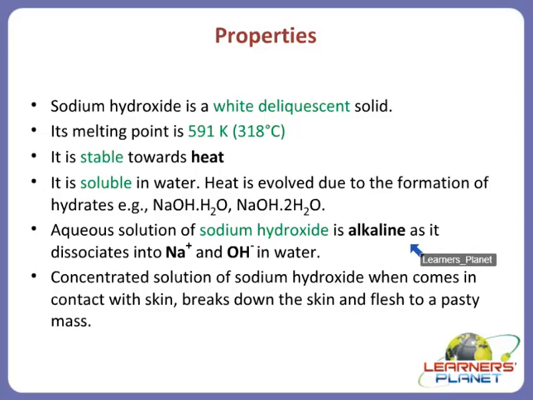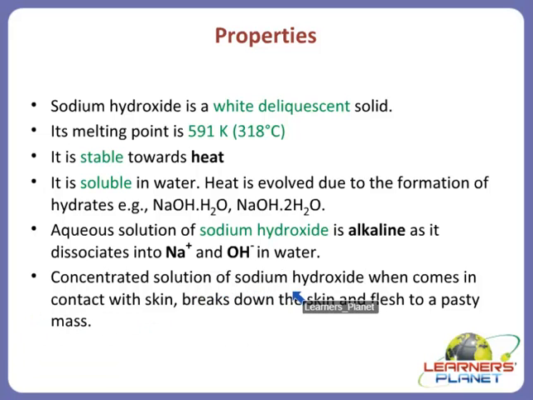So its aqueous solution is alkaline as it dissociates into sodium ions and hydroxyl ions in water. And it's a strong base. I also told you about the criteria of strong and weak. Strong is what? Which undergoes complete dissociation and the concentration of hydroxyl ions is high. Clear? So here it's a strong base.